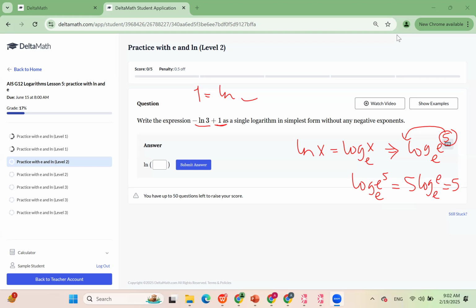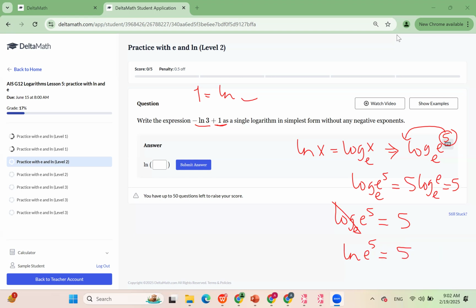This tells us that log of e power 5 base e is the same as 5, and this is the same as ln, so we can say that ln e power 5 is the same as 5 as well.